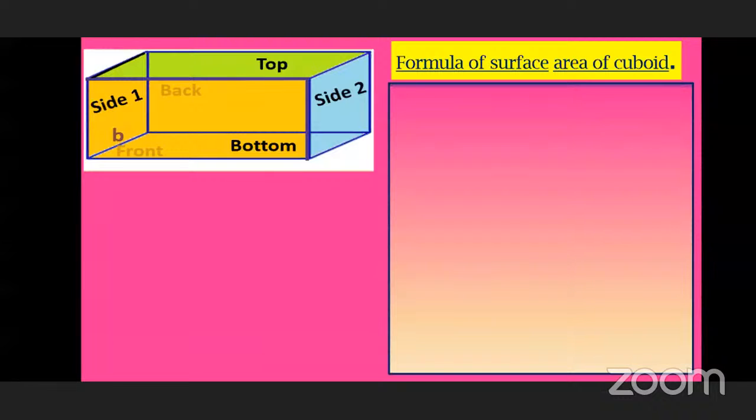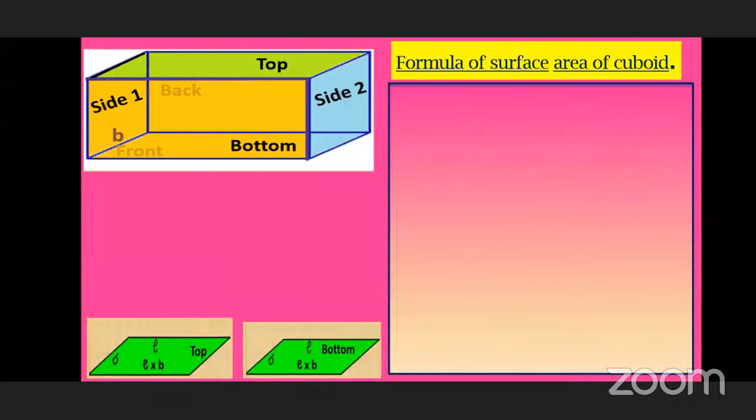See children, this is a cuboid and we are going to see how the formula for the surface area of a cuboid comes. See, this is the top face and this is the bottom face. The top and bottom are both congruent to each other, both are equal, and each has length and breadth.